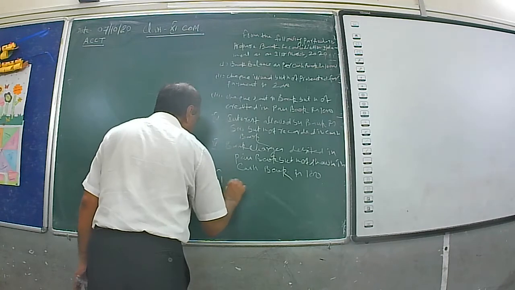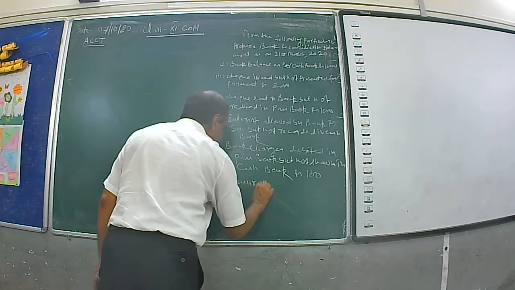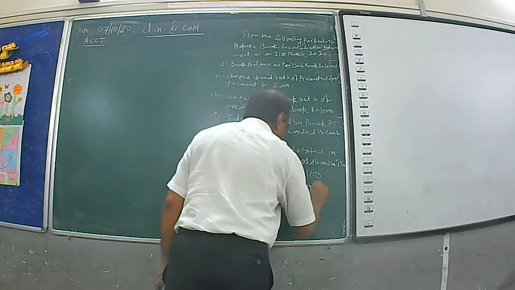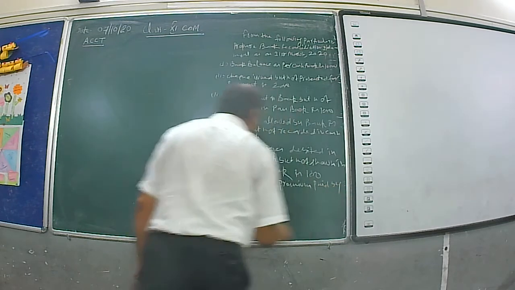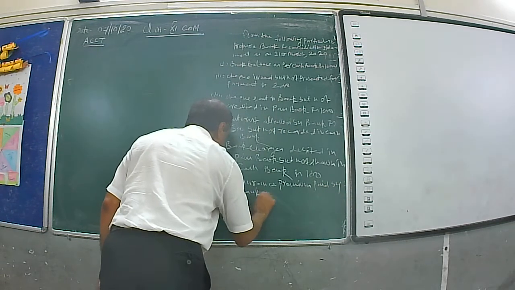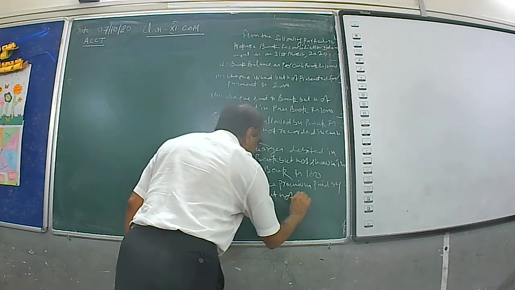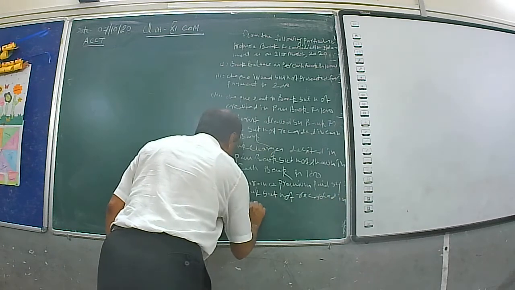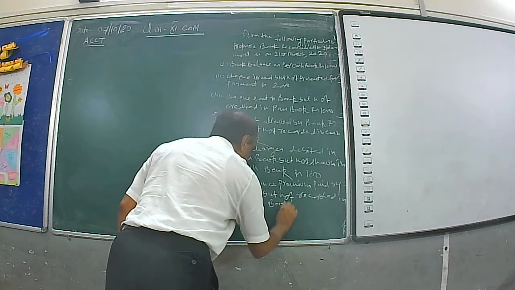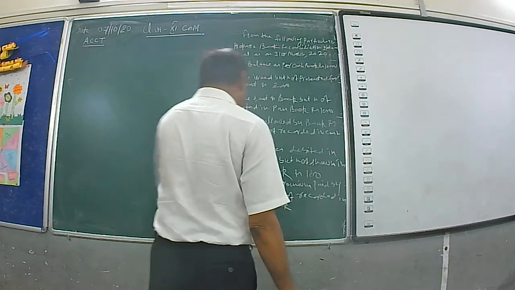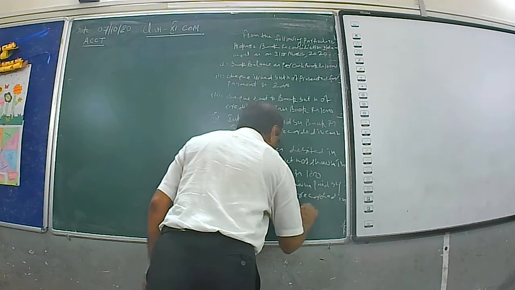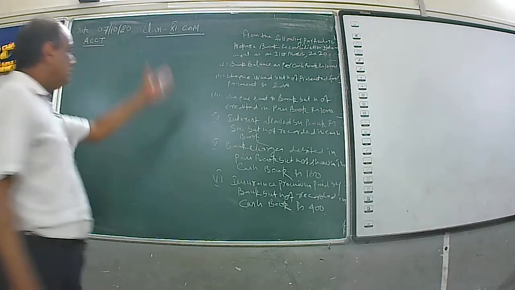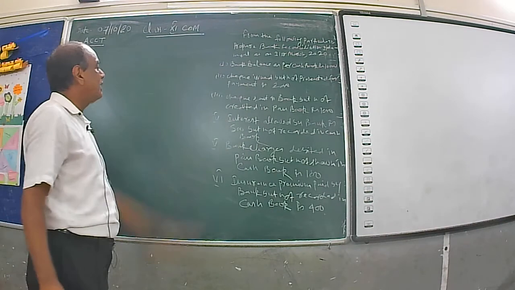And one more, insurance premium paid by bank but not recorded in cash book, rupees 400. So these are the contents of this problem.